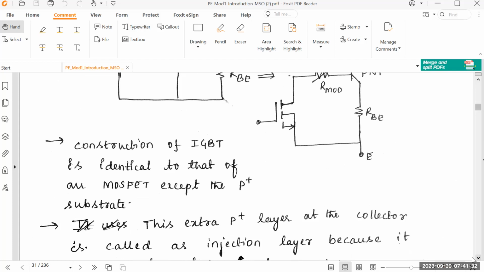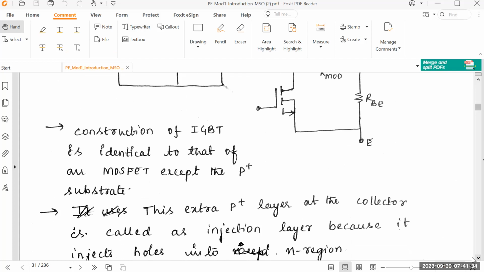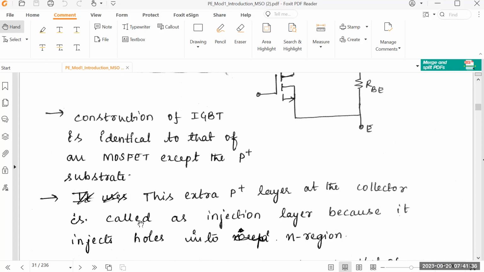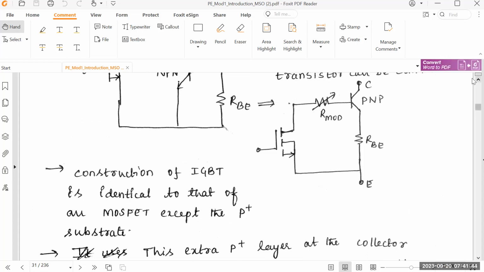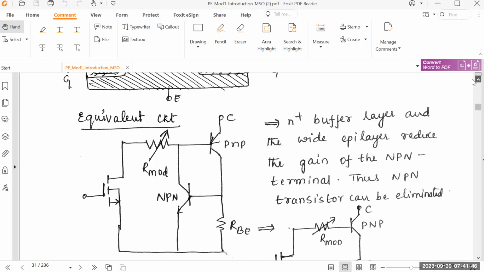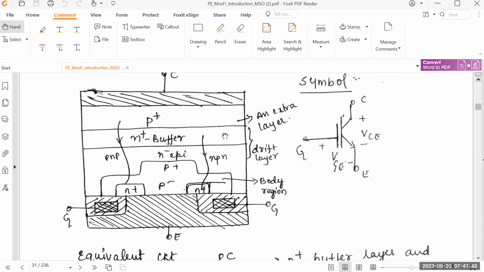And what is this P plus region? This extra P plus layer at the collector is called an injection layer. If you see the circuit diagram of an IGBT, this P plus is directly connected to the collector terminal, directly beneath it. What does injection layer mean? It injects holes into the N region.